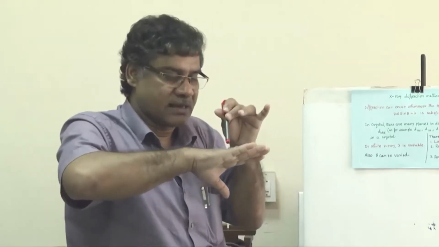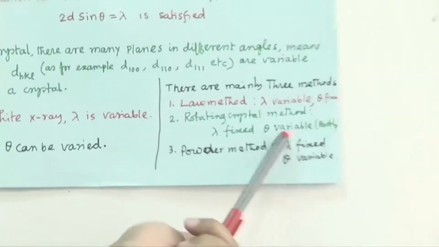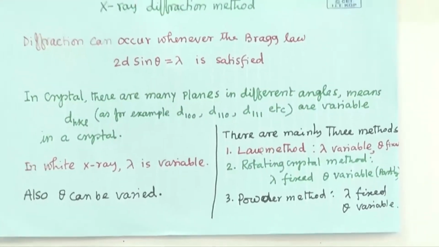Okay, so it is completely variable. So, in the powder method, lambda is fixed and theta is completely variable.